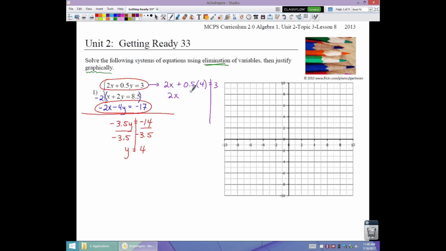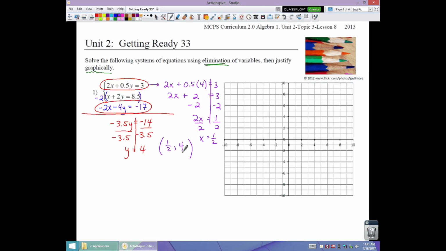Well, that becomes 2x plus half of 4 is 2 equals 3. Subtract 2. 2x is equal to 1. Divide both sides by 2. X equals 1/2. So my solution is the point 1/2, or 0.5, 4.